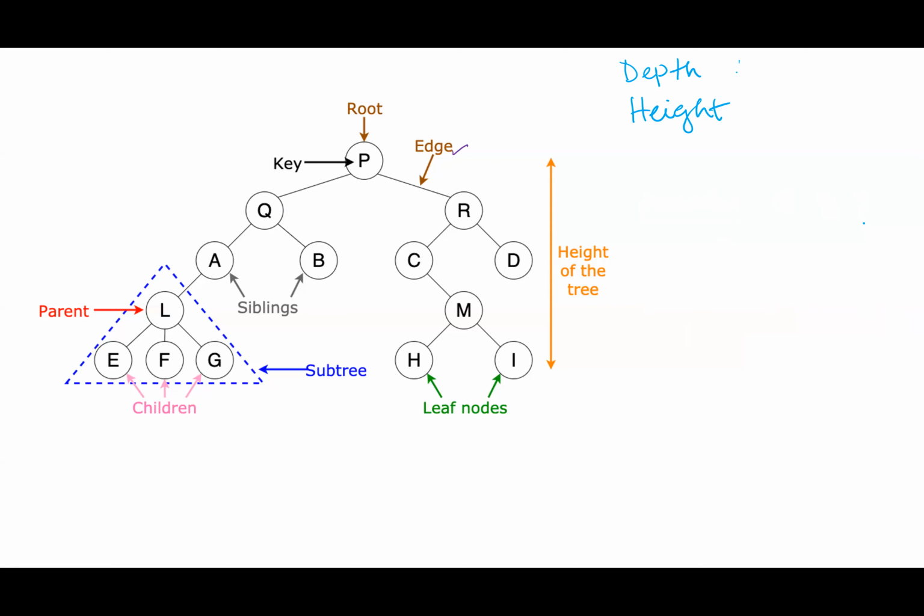If I say depth of a node, say C, the depth is calculated by the number of edges from the root to that node. So you see for C, how many edges are there to the root? 1 and 2, right? So we can say that the depth of node C is 2.